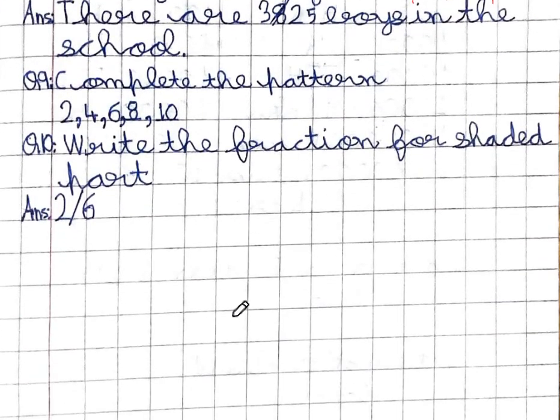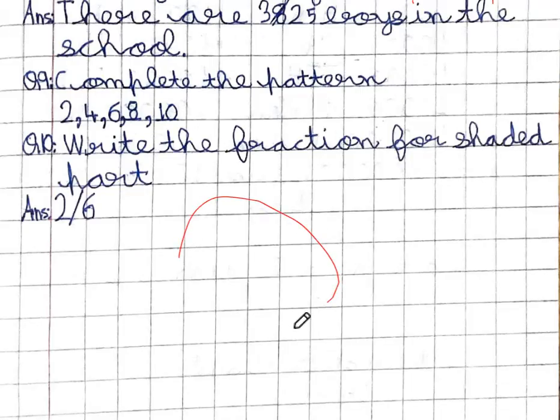Write the fraction for shaded part. So, if it is 2 by 6, fraction is what? Actually, if we have a total of 6 and in that 2 is utilized, then we can tell as 2 by 6.